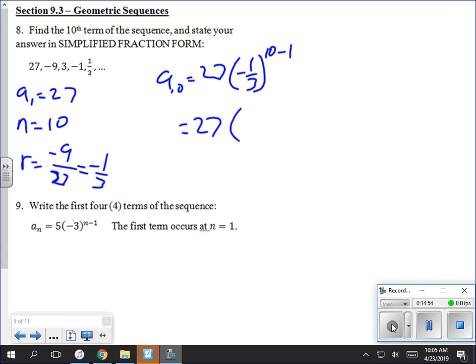I take 3 to the 9th power. You can do them individually. You don't have to do the whole fraction. You can do the numerator and then you could do the denominator to that power. So you can do 1 to the 9th power and then do 3 to the 9th power, and you get 19,683, and it would be negative. And then you do that times 27, and you get negative 1 over 729.